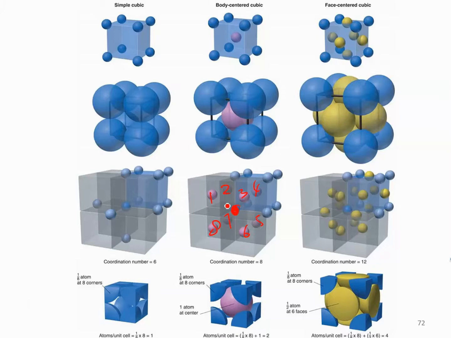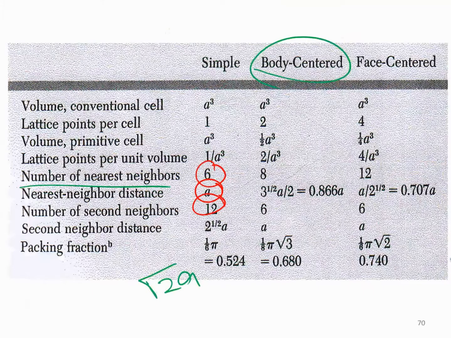If I pick the corner atom as the center, there are 8. If I pick the center one, the nearest neighbors are also 1, 2, 3, 4, 5, 6, 7, 8. Exactly the same. So the number of nearest neighbors is 8.